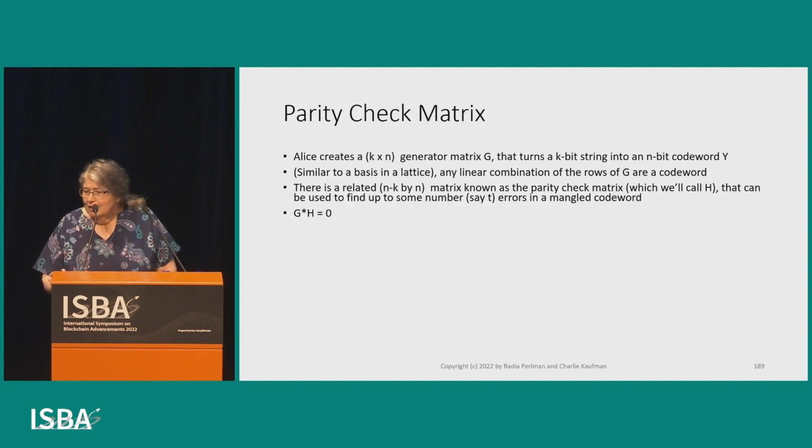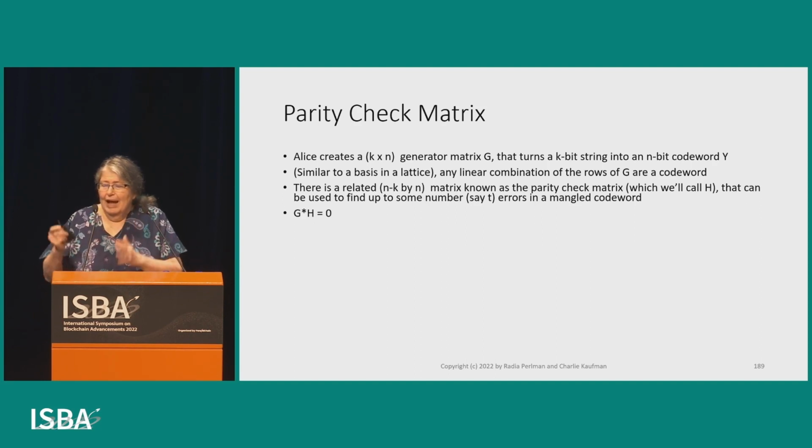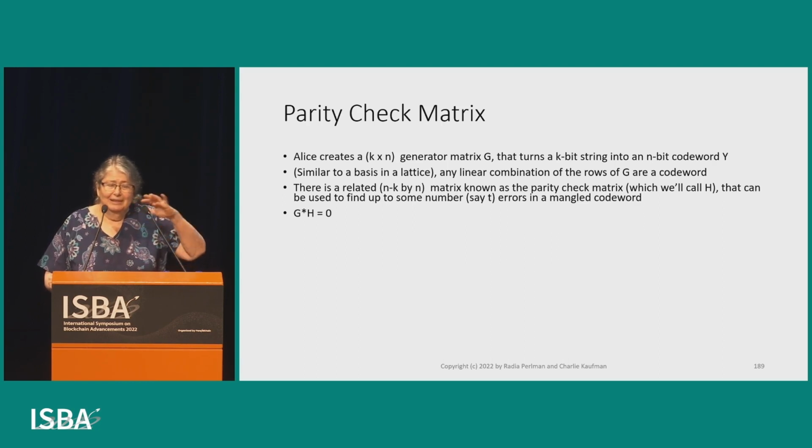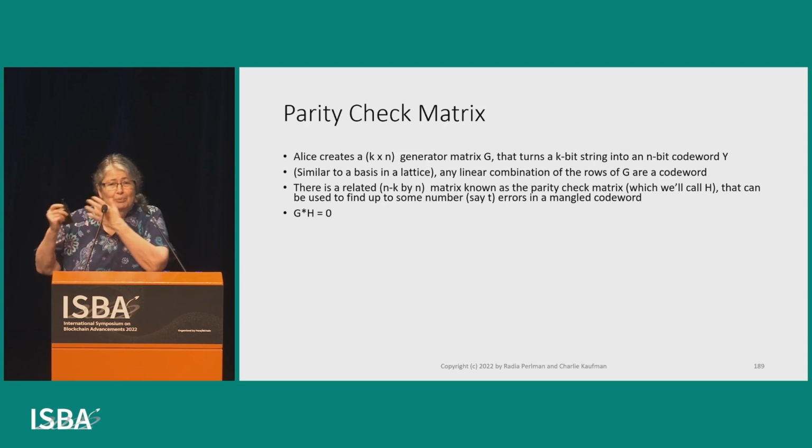Okay. So how is the parity check matrix related to the generator matrix? The generator matrix times the parity check matrix will be 0. Now, just like with the lattice things, where there's lots and lots of basis vectors that will generate the same lattice, here, again, lots and lots of generator matrices will come up with the same code words.